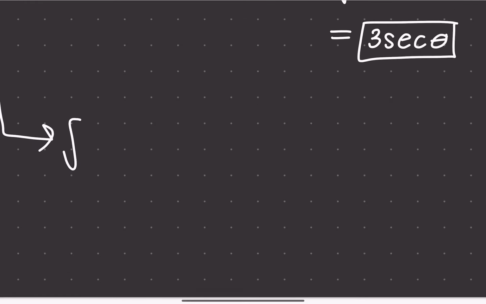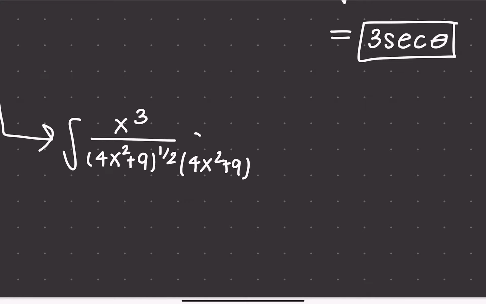Currently the integral is x cubed over (4x squared plus 9) to the 1/2 times (4x squared plus 9) dx.